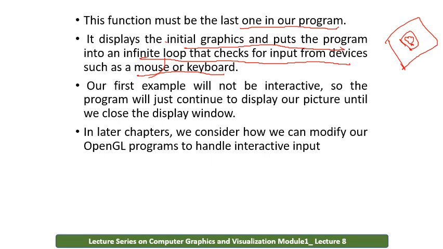This should be in an infinite loop, meaning the window output should always be running. That will be done with the help of glutMainLoop. Closing, minimizing or maximizing that window will be handled with glutMainLoop.